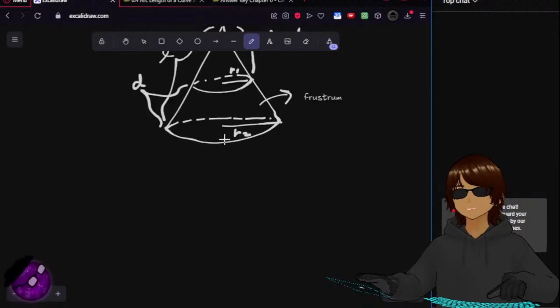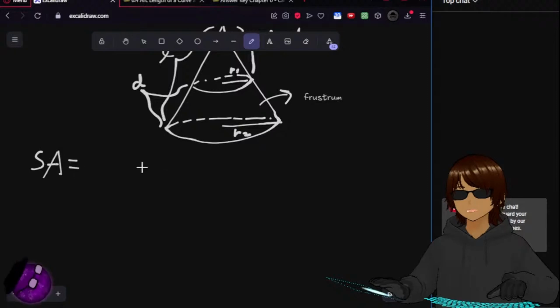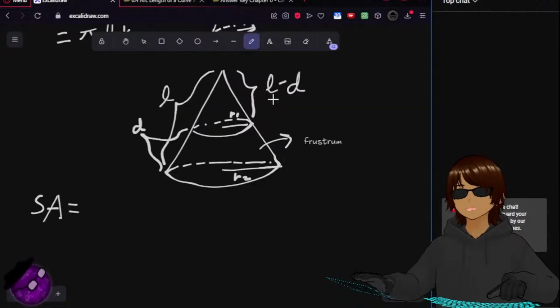So I want the surface area of just the frustum. Surface area of the frustum only would be the lateral surface area of the large cone minus the lateral surface area of the small cone.